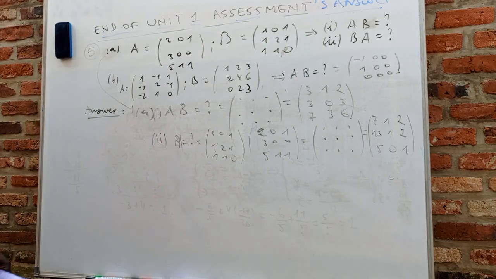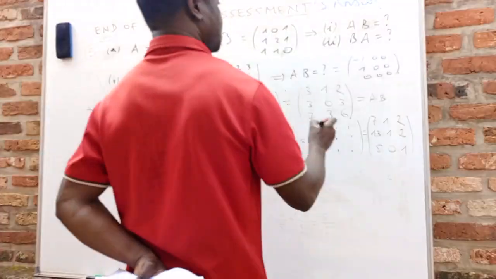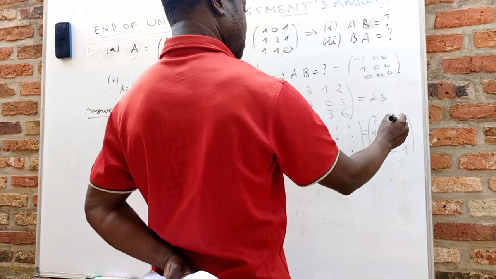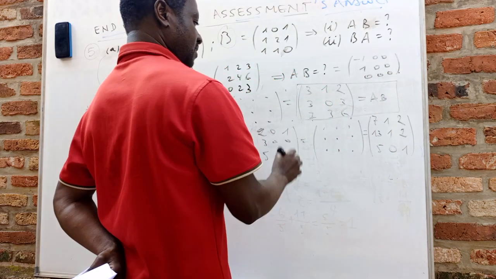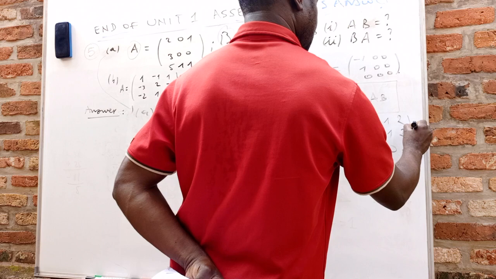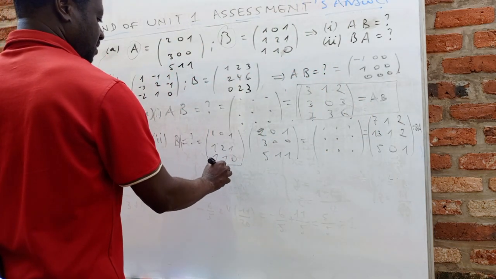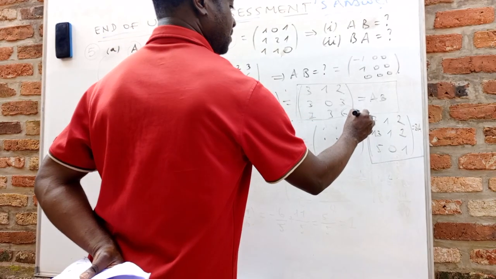Okay, so now this being A times B, A here and B here, is equal to this matrix product, and looking at this matrix B times A in reverse order, this being B, this being A, the product is equal to this.